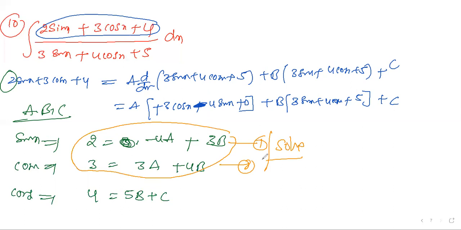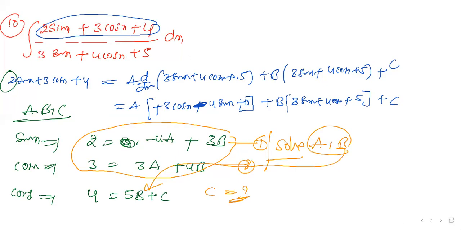After getting A and B from the solution, just substitute B and you'll find the value of C also. Clear? Or else we'll take the equations on the next page and I'll try to solve them in your presence. 2 equals minus 4A plus 3B. What is the second equation now? 3 equals 3A plus 4B.